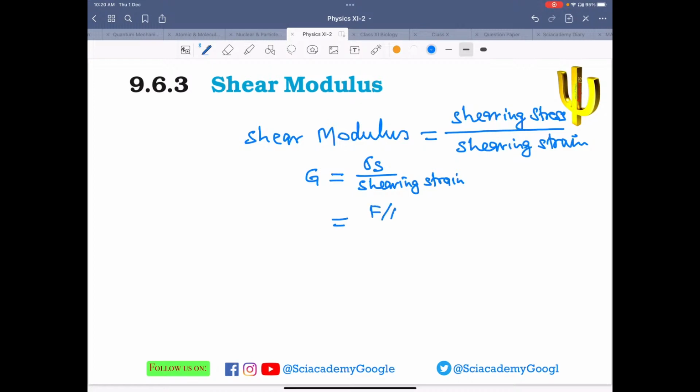Therefore, F by A divided by shearing strain, that is given by theta is equal to delta x by L. After simplification, this capital G becomes F by A into L by delta x.